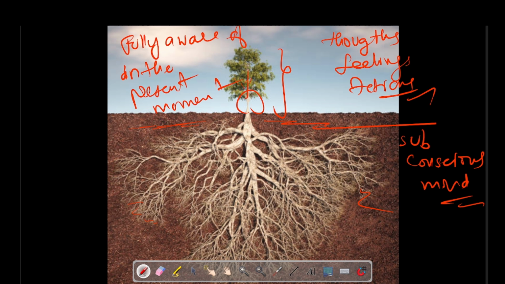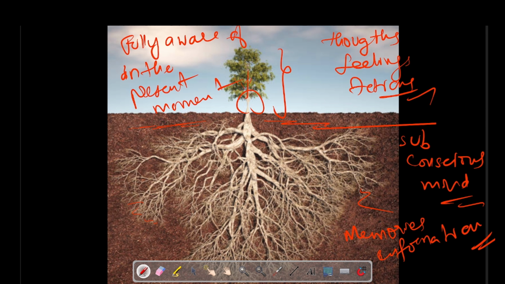Just like that, the subconscious mind stores memories and information that are not in your immediate awareness but can be accessed when needed. For instance, if I ask you what you had for breakfast, you were not thinking about it before, but now you can recall it easily, just as the tree draws nutrients from the soil when it needs energy, isn't it?